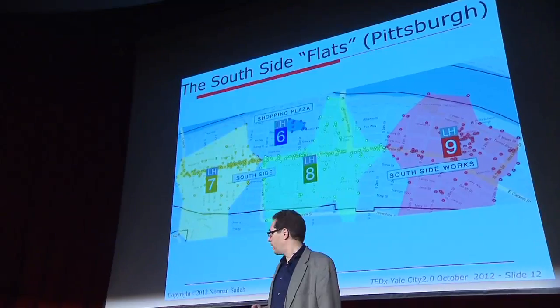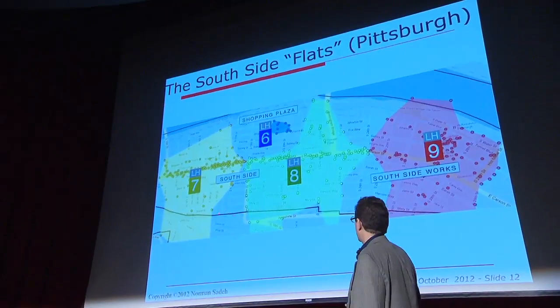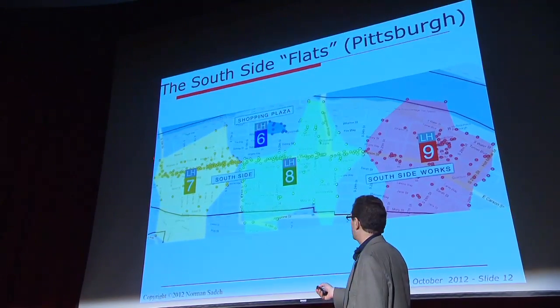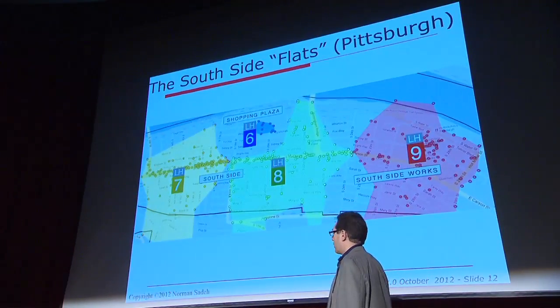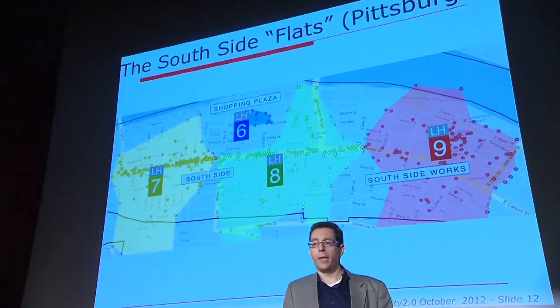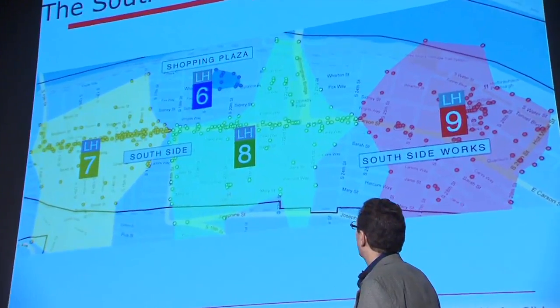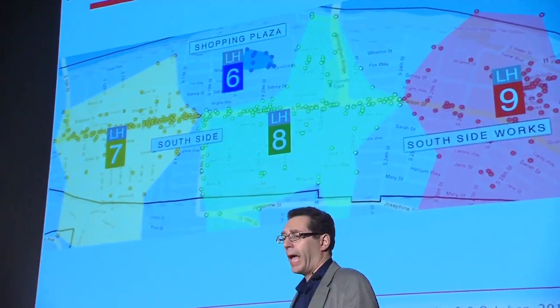Right? And so the kinds of things that you're seeing when you do that are maps like this one. So this is your typical municipal boundary in an area in the southern part of Pittsburgh. This area is also known as the South Side Flats. And according to traditional maps, it's a single area.